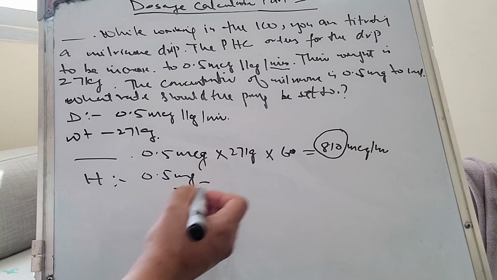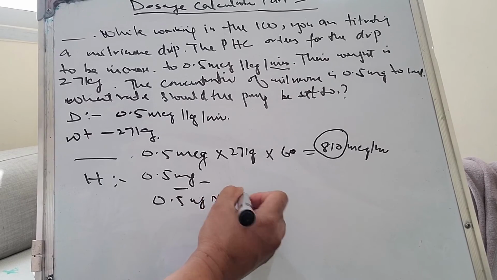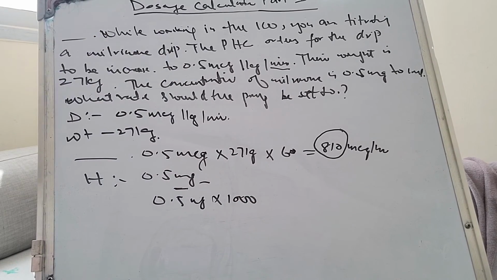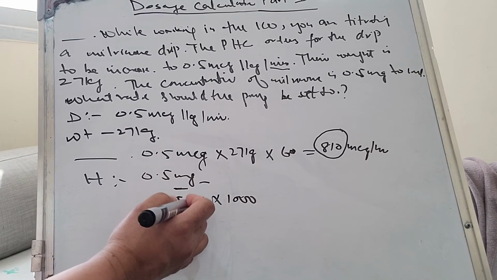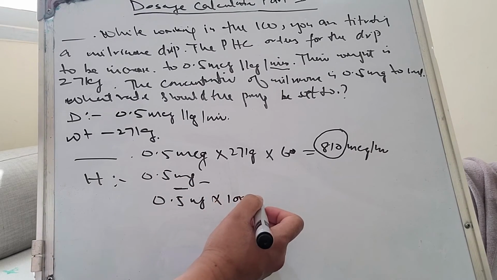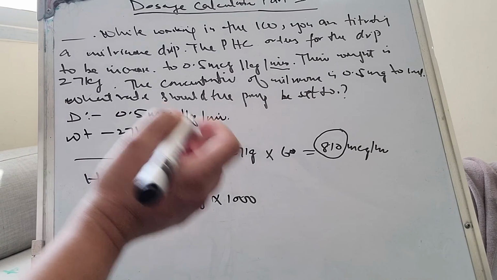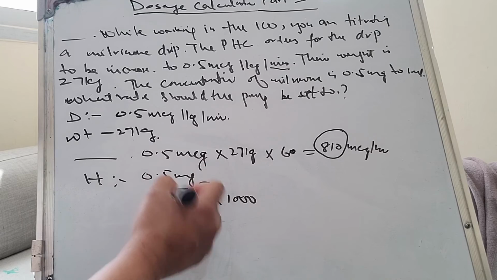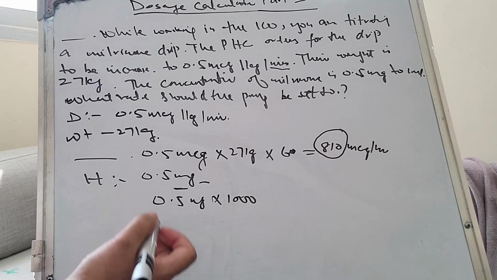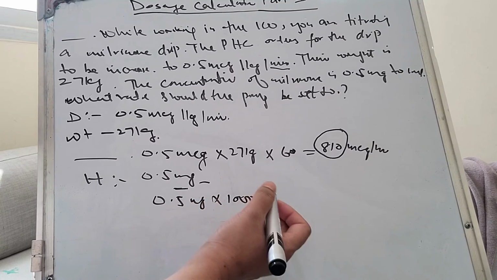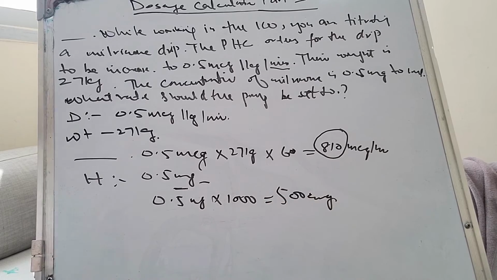How will we convert? 0.5 milligram multiply by 1000. In my first lecture I gave you the conversion table. Milligram to microgram we multiply, microgram to milligram we divide. So this is the milligram dose, we want to convert to microgram, so we will multiply. So 0.5 milligram multiply 1000 is 500 microgram.